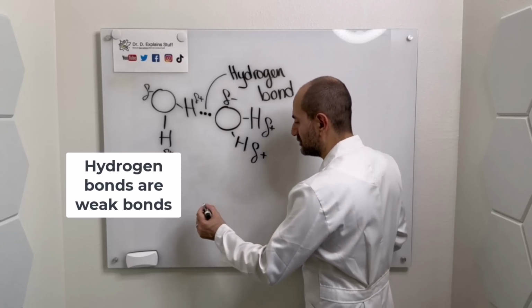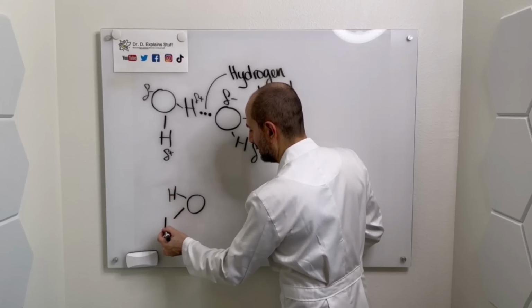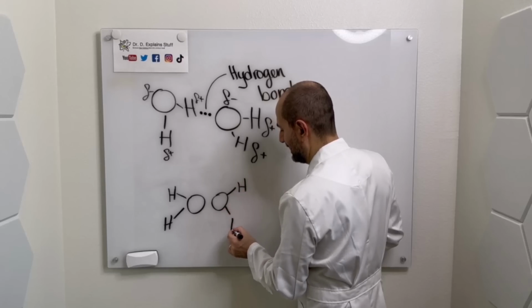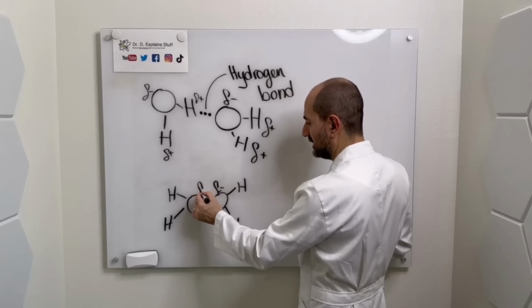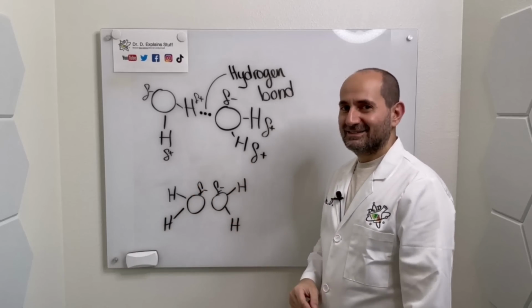Now let me ask you this, would two water molecules want to interact in this fashion with the oxygens pointing to one another? Would two water molecules want to have their partially negatively charged oxygens stick to one another? No, it wouldn't.